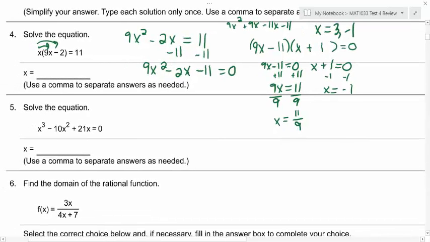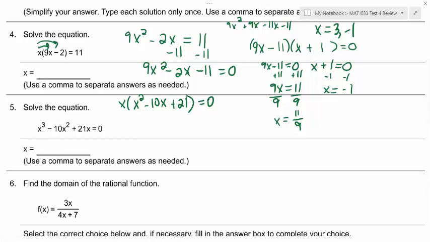Okay, for number 5, what would you do first there? I would pull out the GCF. Which is? An x. Good. That leaves us with x squared minus 10x plus 21 inside parentheses. So then how would that factor?